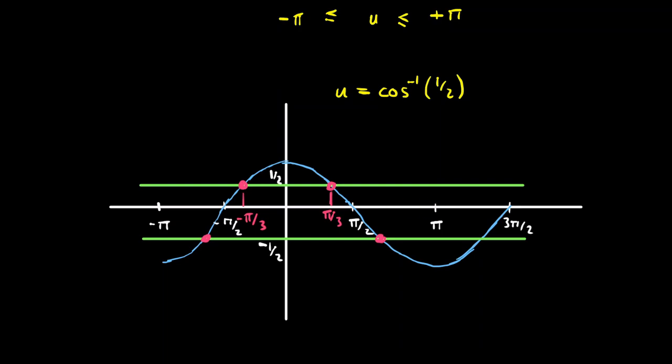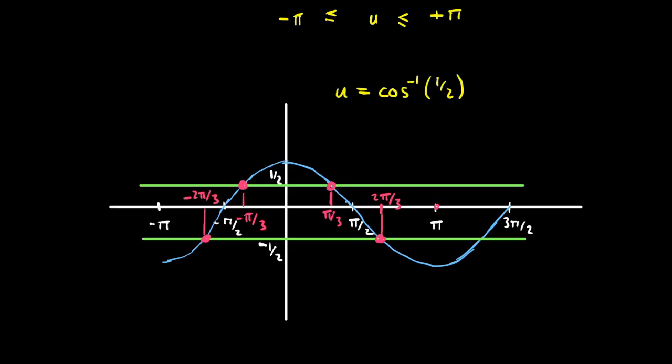So in other words, that distance from this point to this point must also be pi by 3. So this coordinate is going to be pi minus pi by 3, which is 2 pi upon 3. And again, using symmetry, this coordinate will be negative 2 pi upon 3. So that coordinate there will be negative 2 pi upon 3.